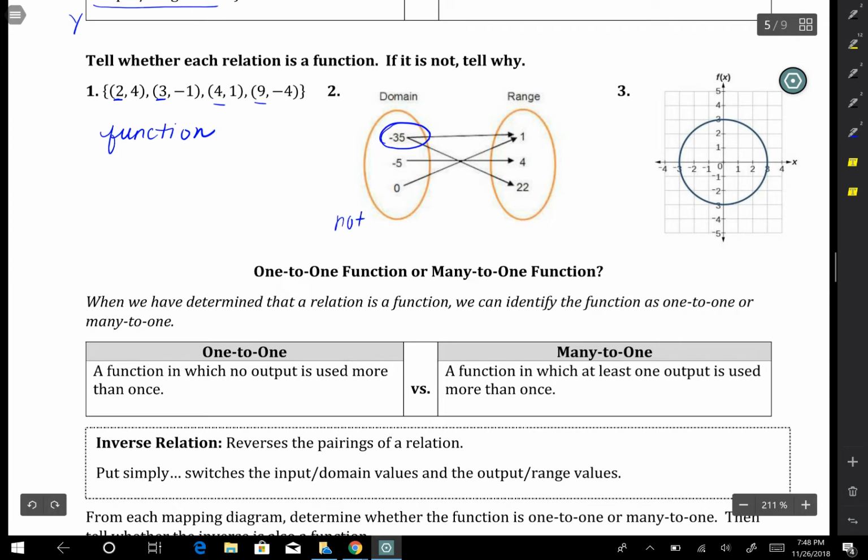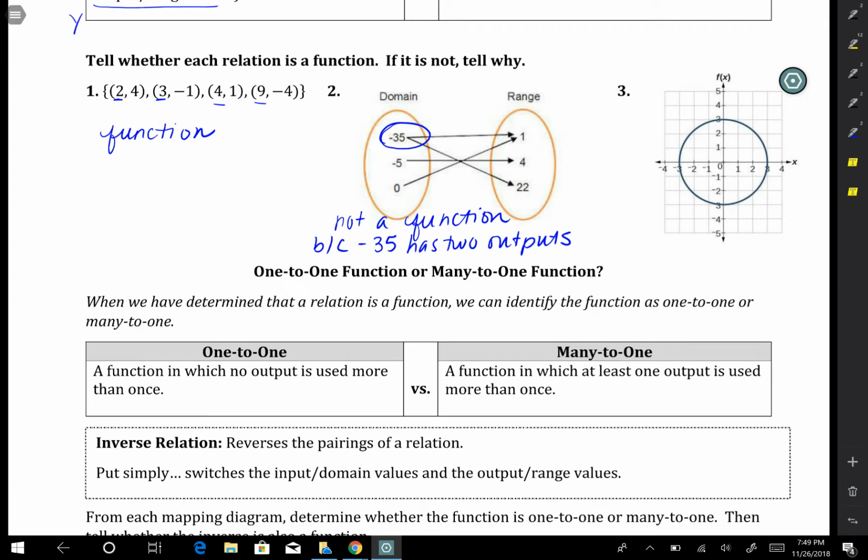This is not a function because negative 35 has two outputs. Okay, so that is illegal. So that one's not a function.